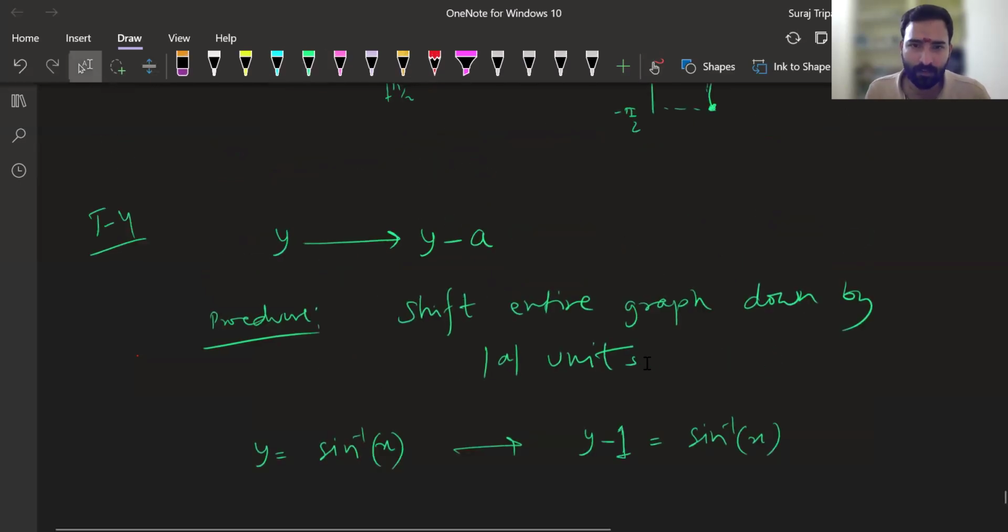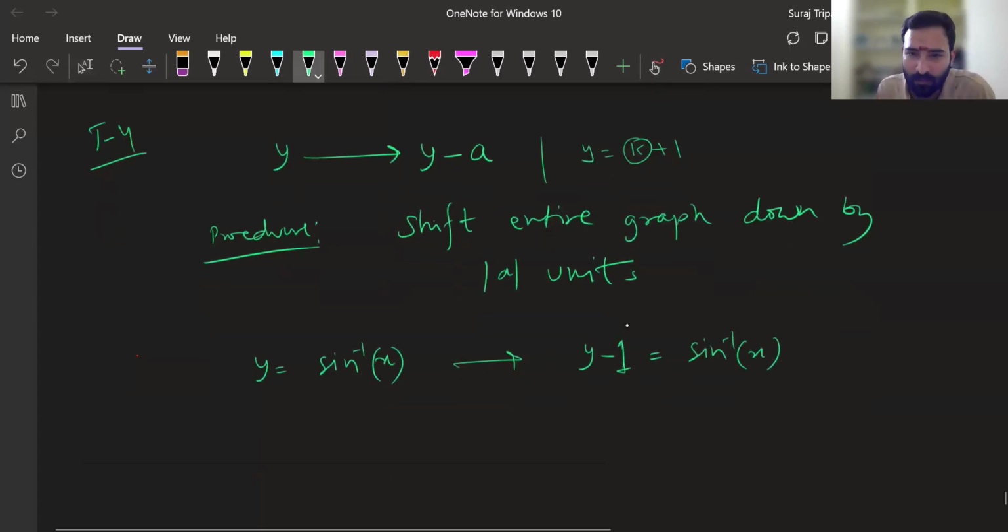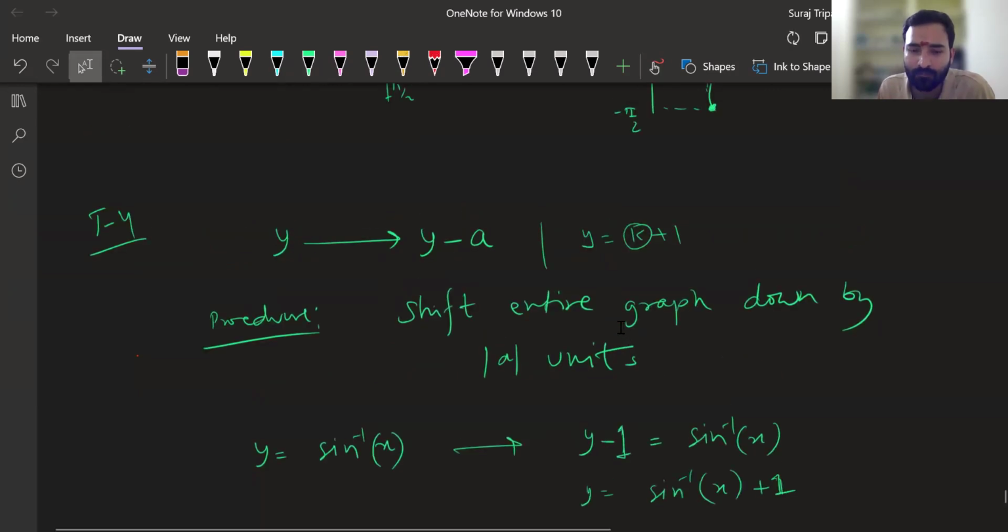See, y minus 1 means something like y equals k plus 1, k is the function. If we are subtracting from y, that means we are adding to the values of y which we are getting from the equation. So y minus 1 equals sine inverse x, you can also write y equals sine inverse x plus 1. This is also the same.